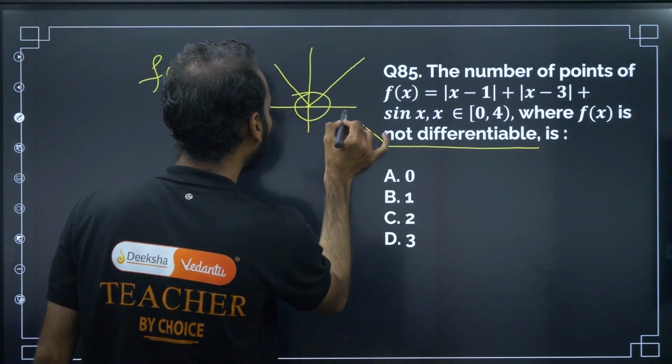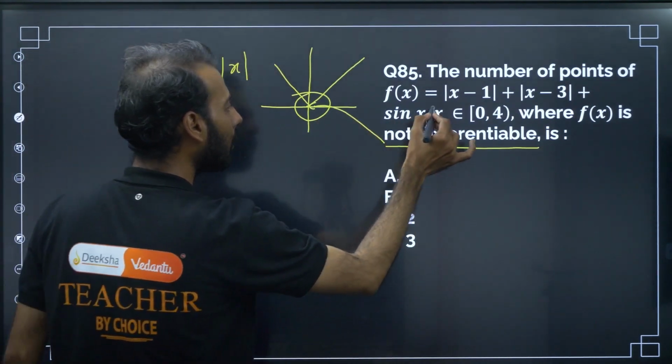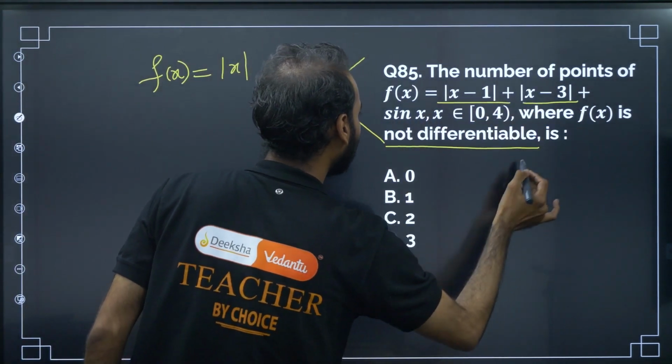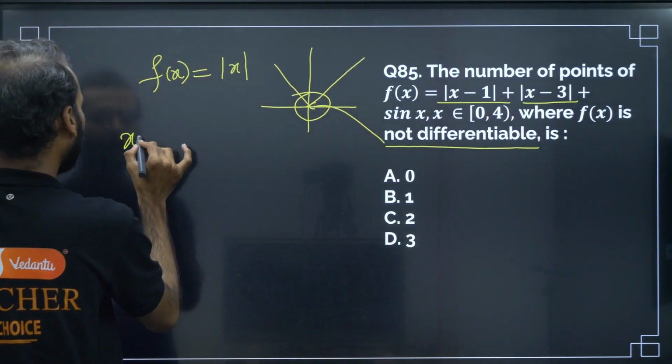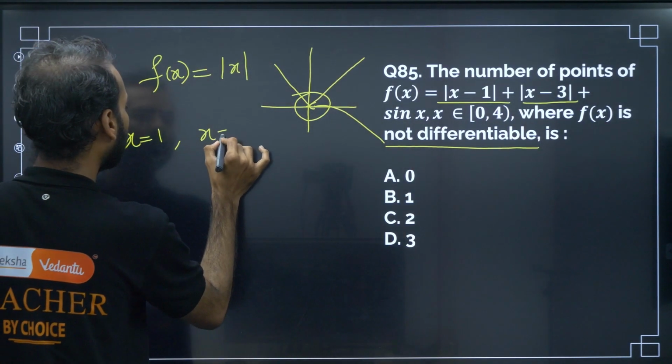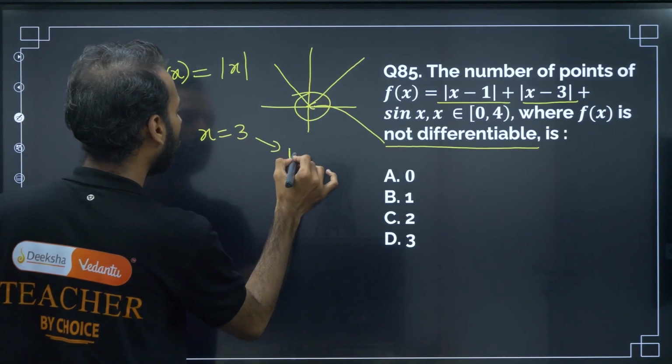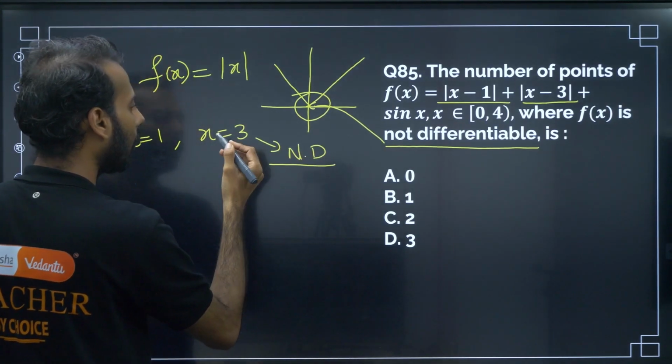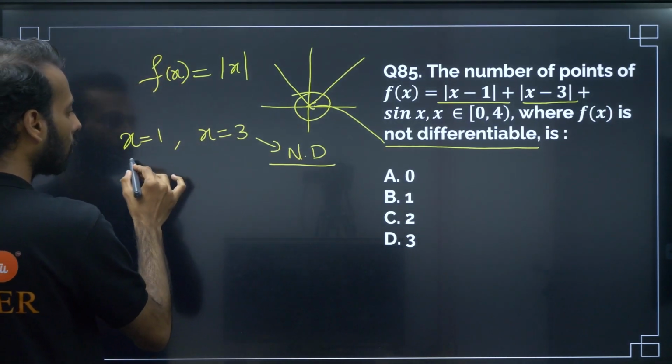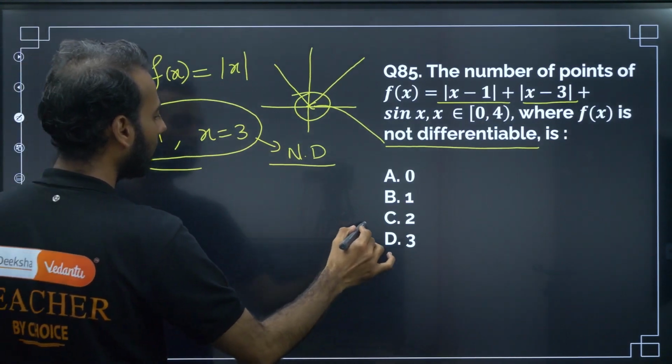Not differentiable means at sharp corners. So here if you observe, x minus 1, x minus 3, function is not differentiable at x equal to 1, x equal to 3. So function is not differentiable at 2 points.